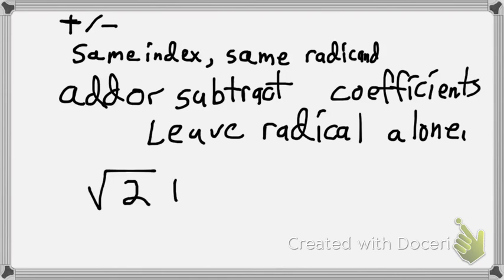Okay, so for example, if we have the square root of 2 plus the square root of 2, so there we have the exact same index, 2. It's important to remember that if we don't have an index, if it's not there, then it's a 2.